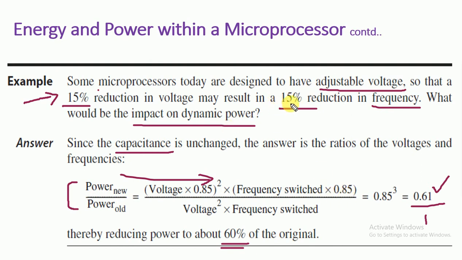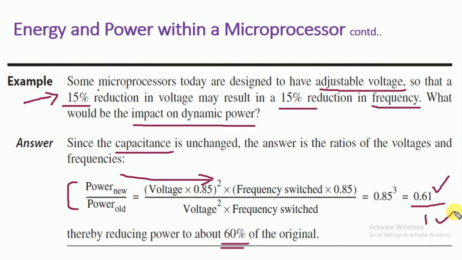That means reduced by 15%, and we have only 85% frequency switching. So 0.85 squared into 0.85, 0.85 cubed, 0.61.